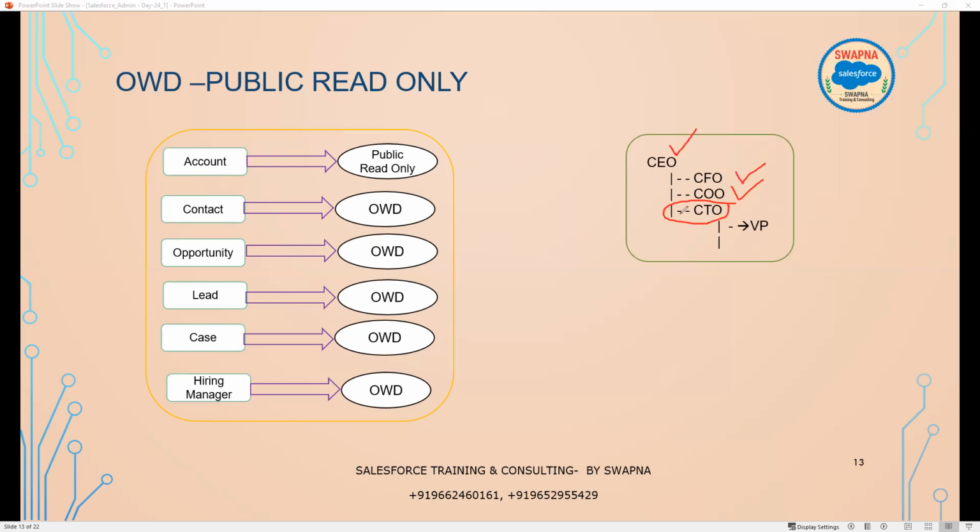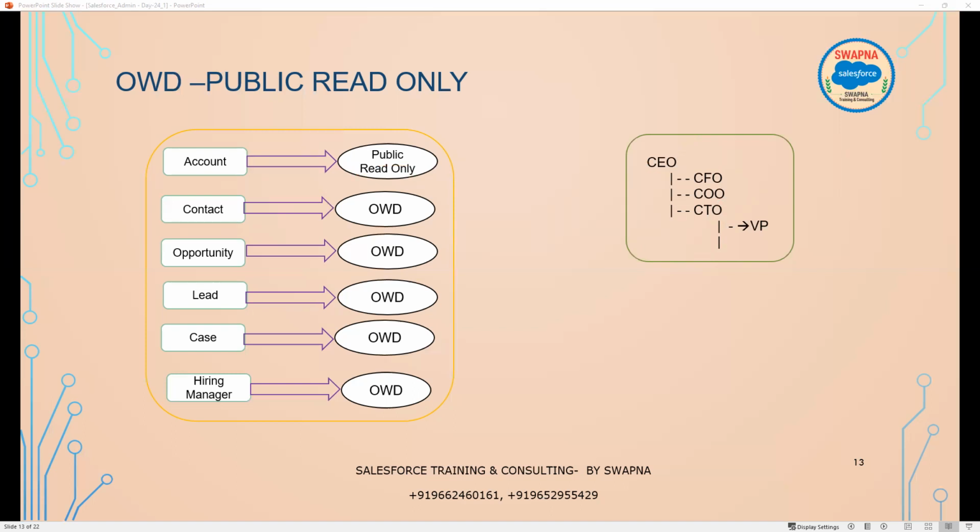But edit access, only CTO and CEO will have edit access. The CFO and COO will have read-only access, because this is public read-only access. So whenever we have read-only, the other members can see the record, but they will have only read-only access.